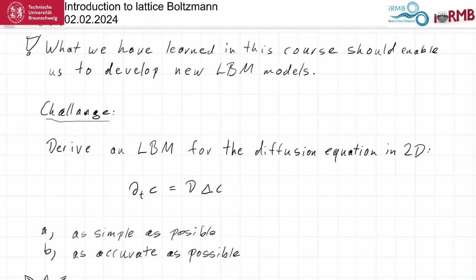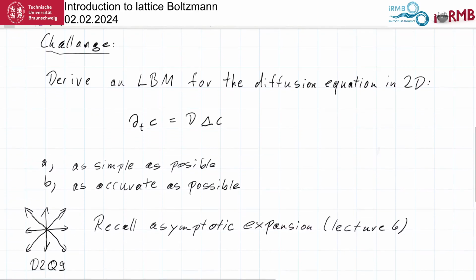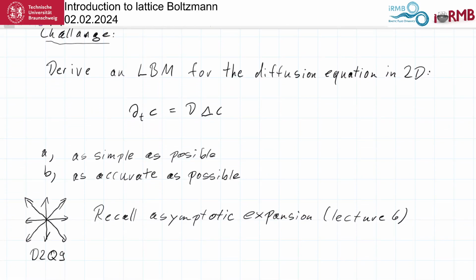And I notice, of course, that doing it as accurate as possible has no end. Let's just do it as accurate as we can do it in, say, this one lecture, okay? And in this one lecture, and with this standard discretization that we have also been using, the D2Q9 lattice.